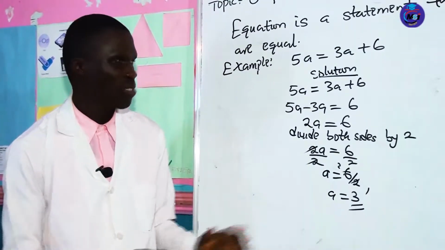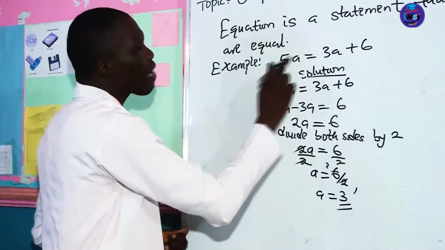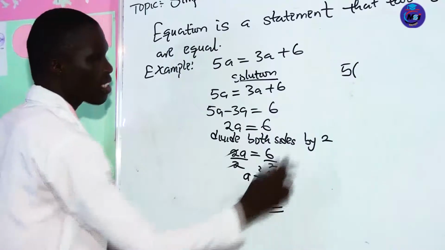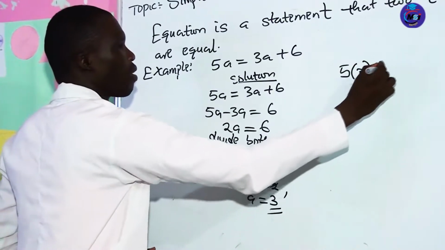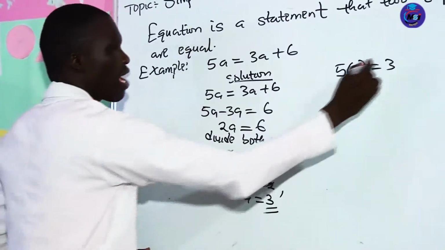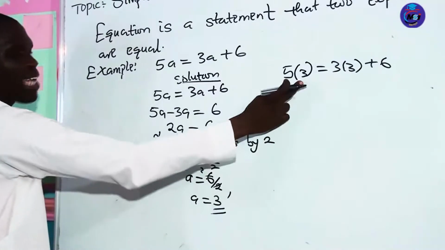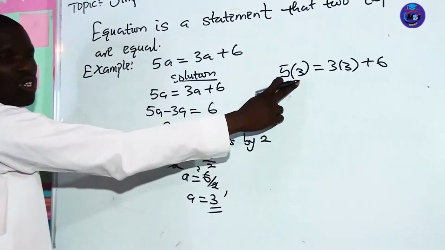Now let's prove it. You have 5a. A is 3. 5 times 3, plus 3a, where a is 3, plus 6. 5 times 3 will give us what?